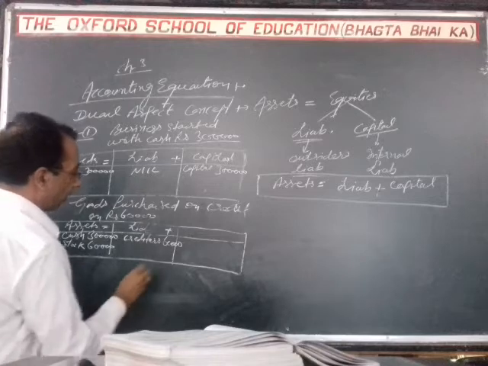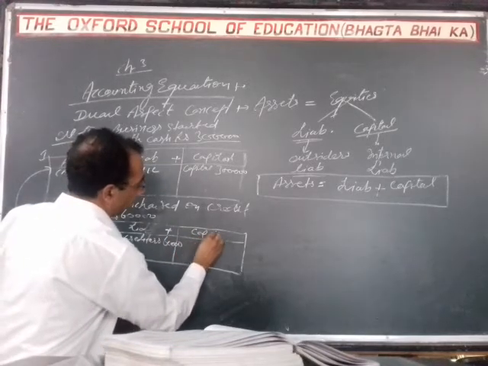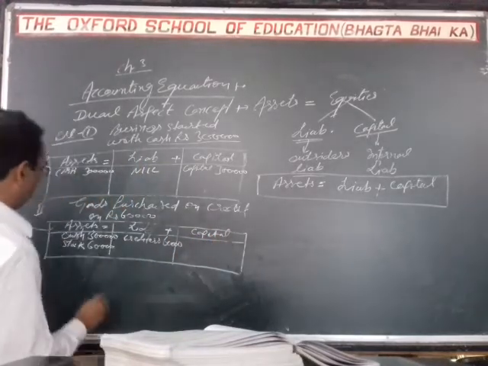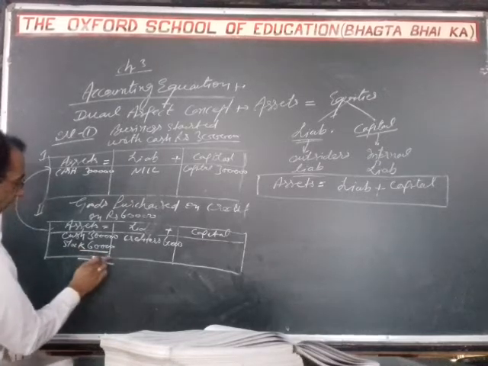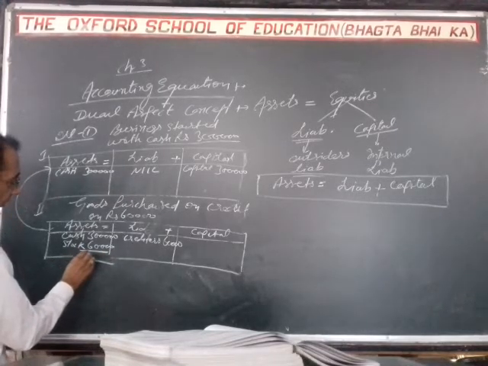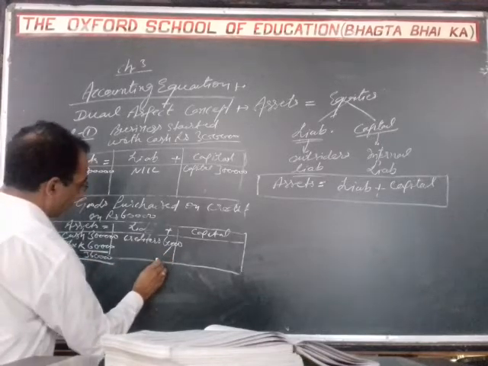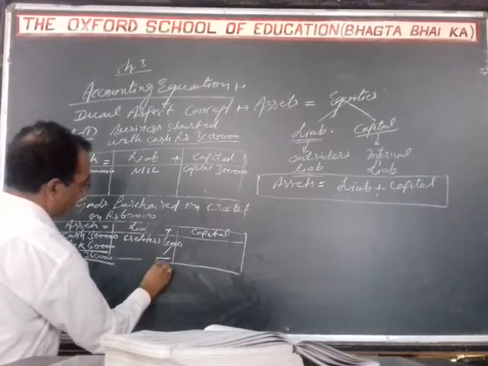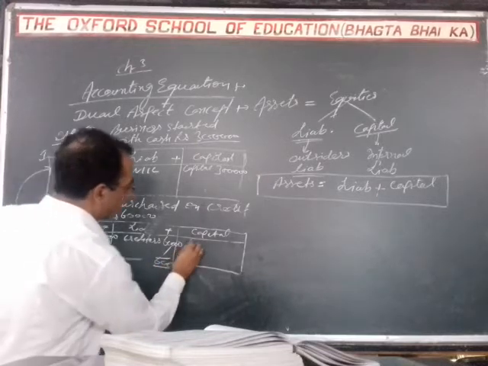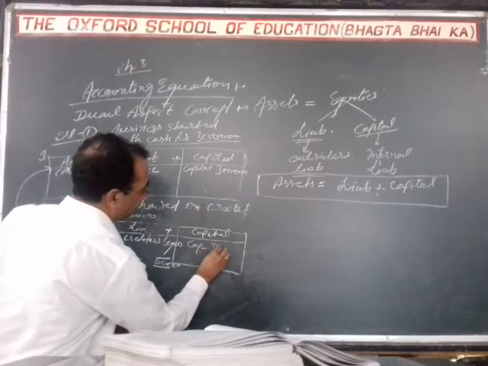Okay. Now how do we calculate the capital? First of all we make a total of the asset side. The total is 3,60,000. 3,60,000 minus 60,000, and you will find the capital amount is 3 lakh.